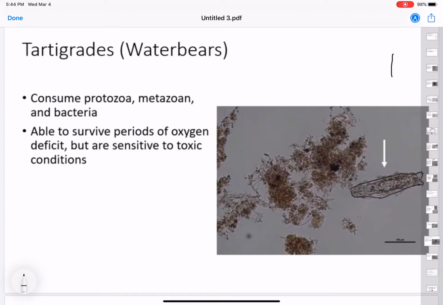You can see how the bear is moving around. This bear could consume protozoa, metazoa, and bacteria, and is able to survive oxygen deficit, very low dissolved oxygen, but is sensitive to toxic conditions. So even if you have toxic conditions, this could survive too.